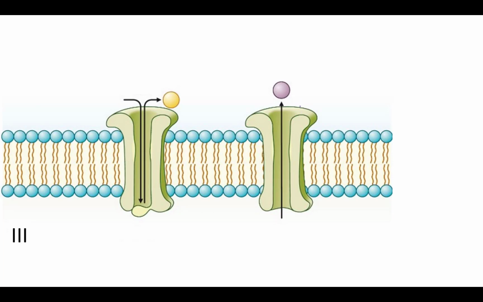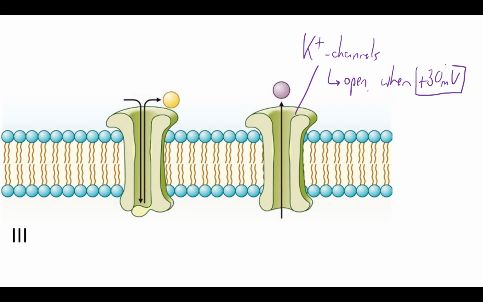So this is the potassium channel, and they open when plus 30 millivolts is reached. So now, quite obviously, the potassium that was on the inside before will start drifting out.